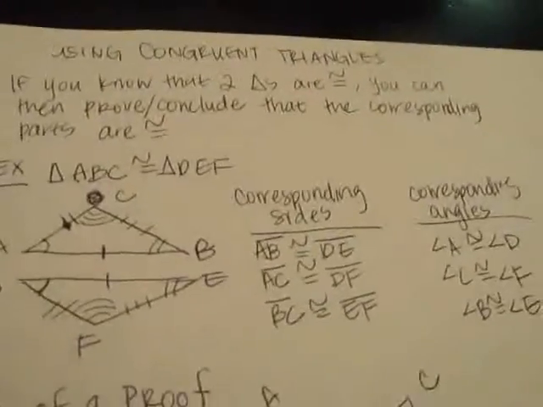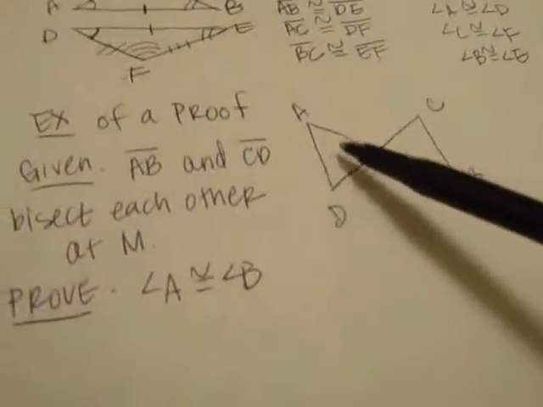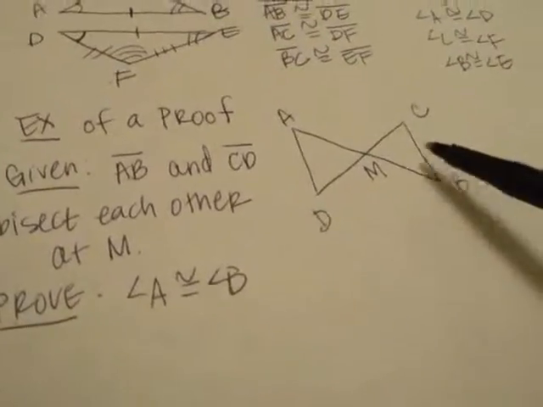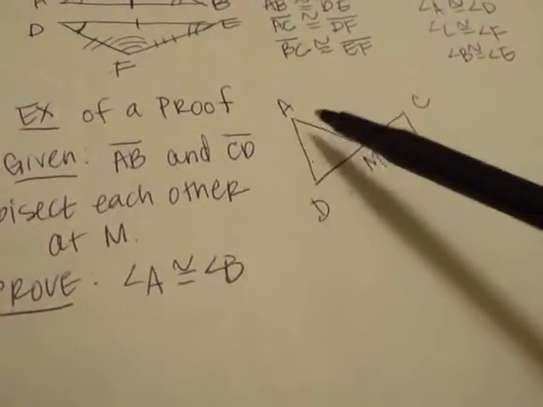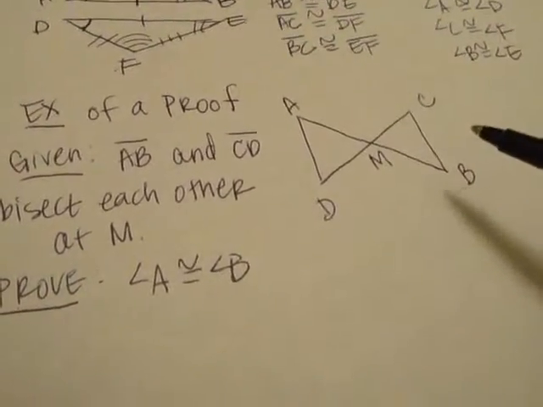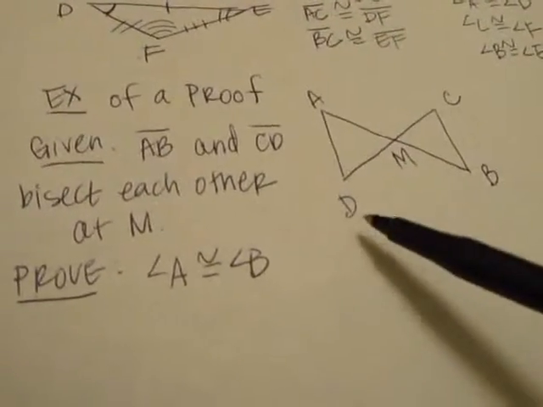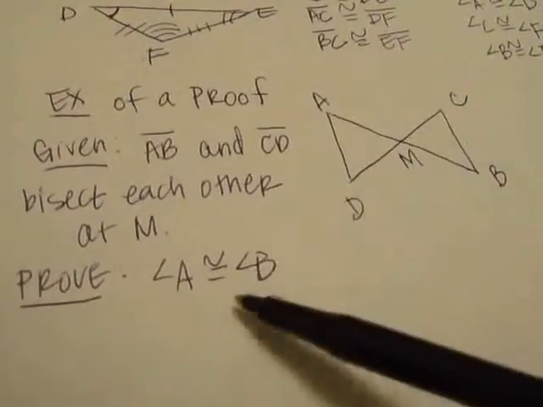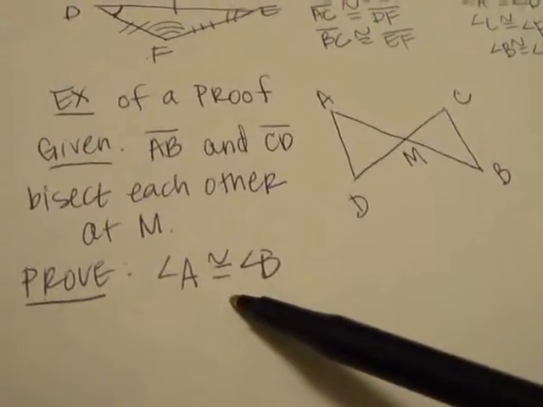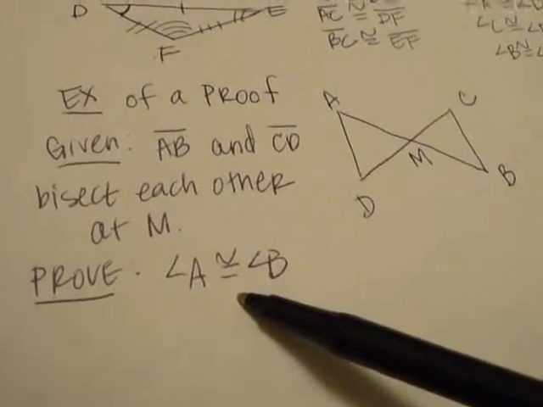But based on what we learned right up here, we can now take it a step further and first prove that two triangles are congruent, and then conclude that the corresponding sides, like A and B, are congruent. So our first job is to somehow prove that these two triangles are congruent to each other, and then to prove that angle A is congruent to angle B.